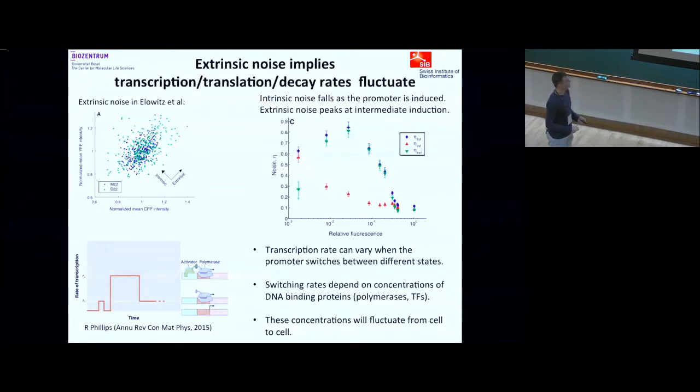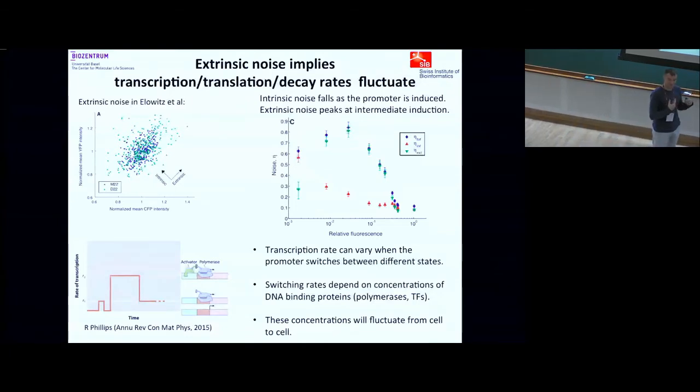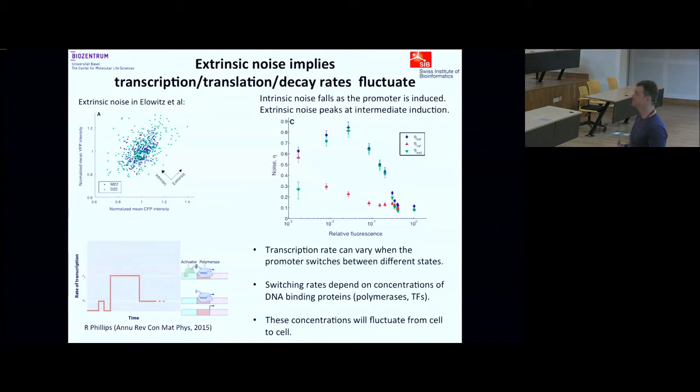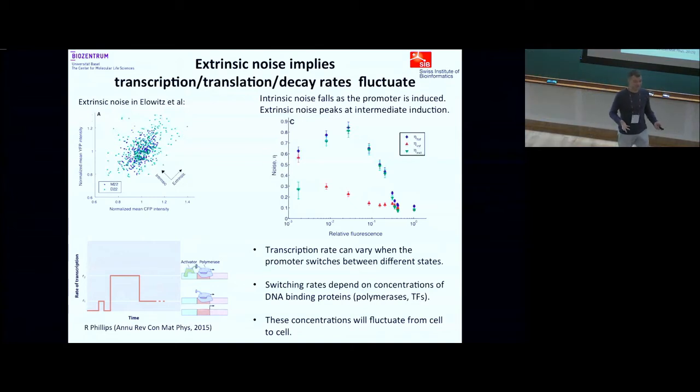So why is this? Where is this extrinsic noise coming from? Well, one thing that is important to realize is that we've basically been assuming that this promoter is transcribed at a constant rate, but that's not true in reality. In particular, when promoters are regulated by transcription factors, the promoters can be in different states.